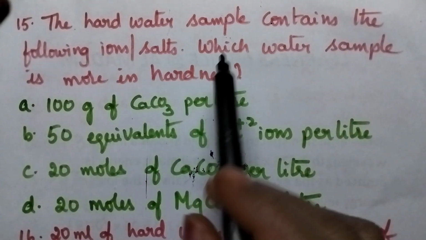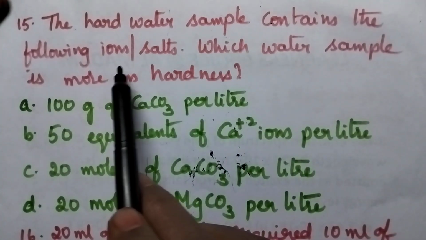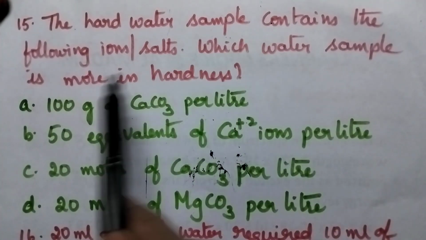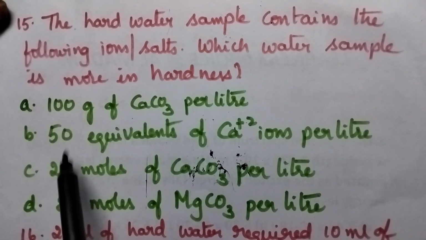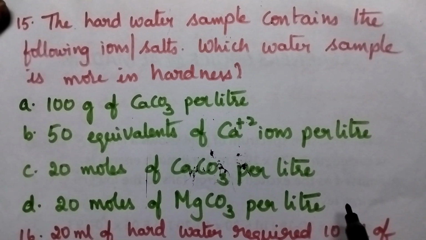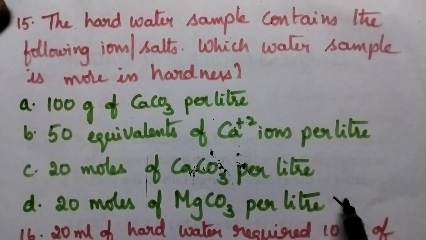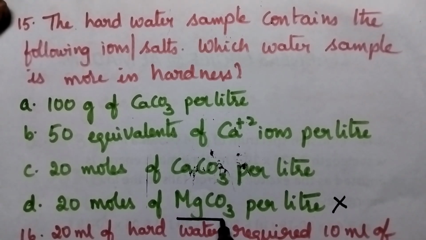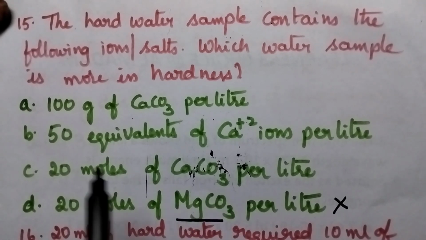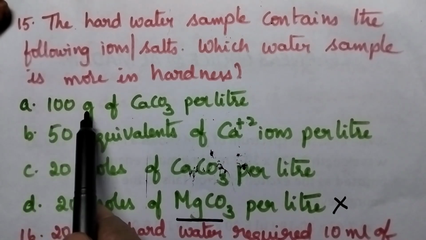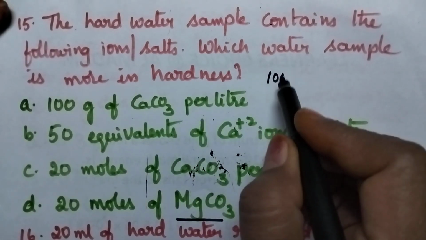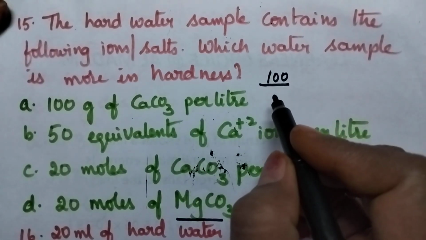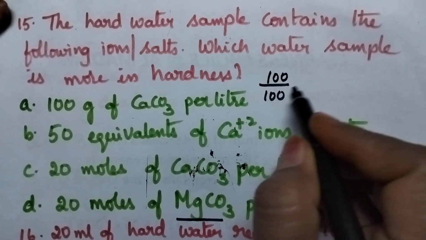The hard water sample contains the following ions or salts. Which water sample is more in hardness? So we have to verify each and every answer. Coming to option D, remember that hardness is not expressed in terms of magnesium carbonate. So option D is eliminated. Coming to option A, 100 grams of calcium carbonate per liter. That means weight by gram molecular weight gives the number of moles.